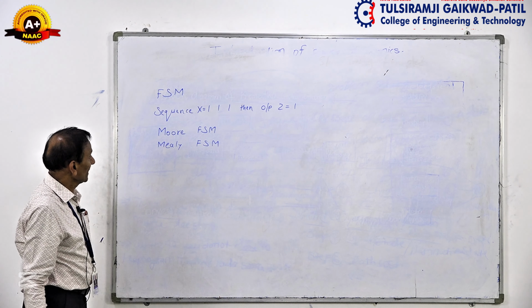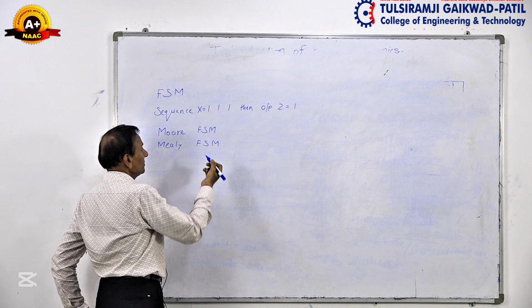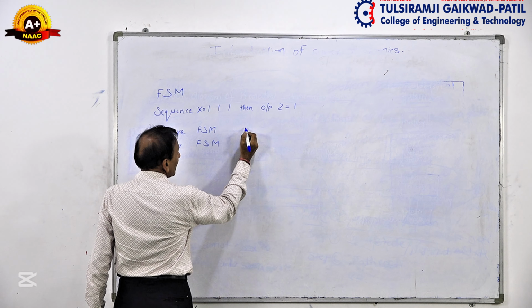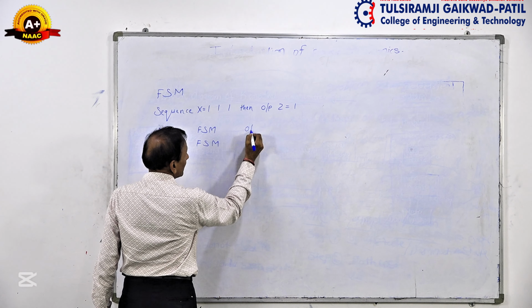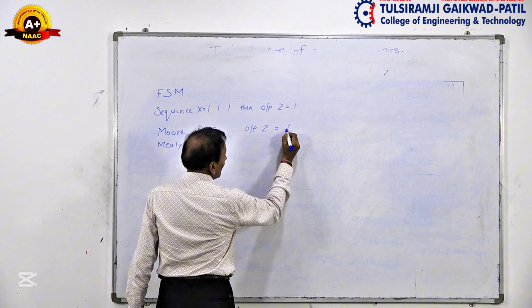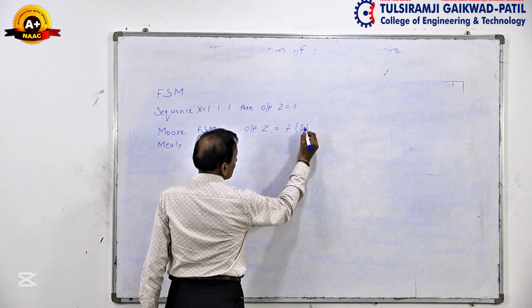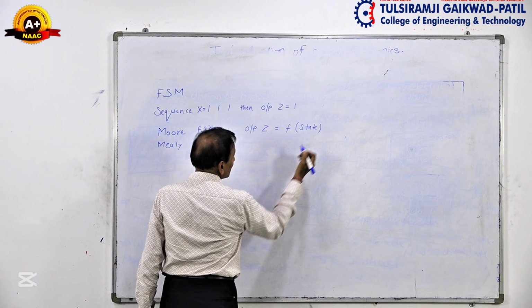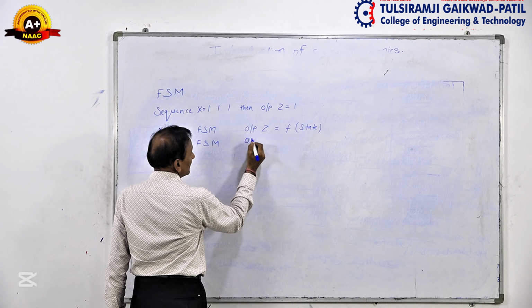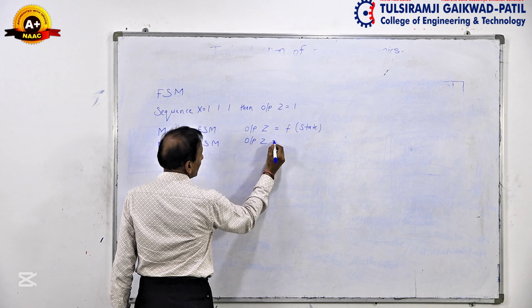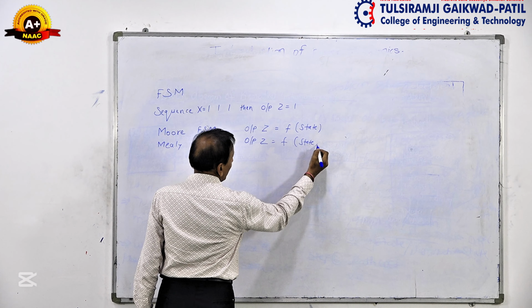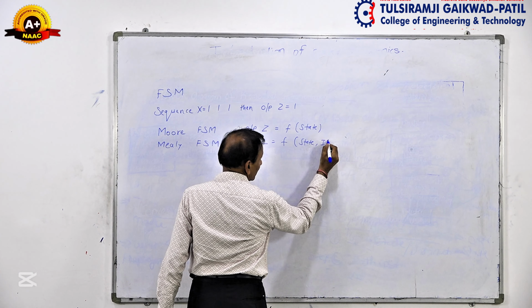Now, in case of Moore finite state machine, the output Z is a function of only the state of the machine, and in case of Mealy FSM, the output Z is a function of state and input X.